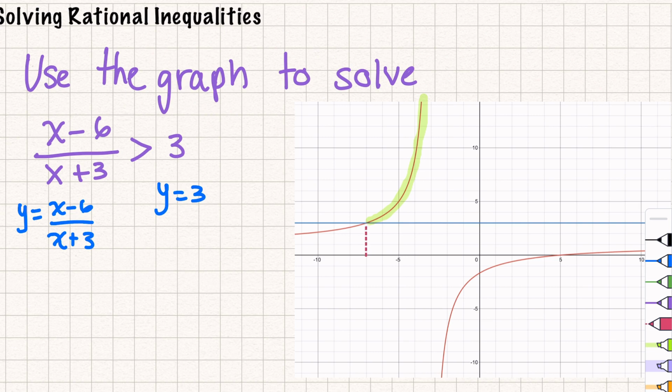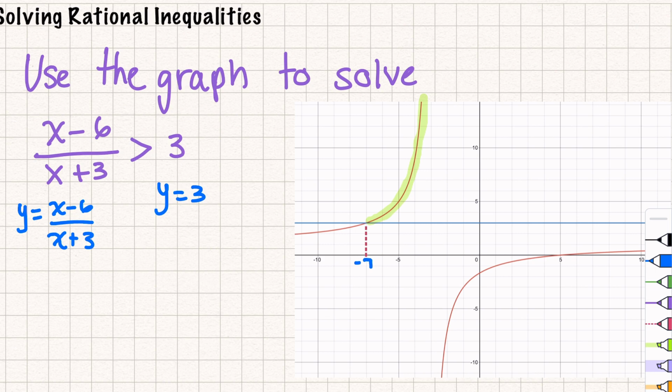If we identify, this is going up by 1s, so this would be at -7. We're asked to use the graph to find when it's greater than 3. So we know from -7, does it stop? What value would it stop at?